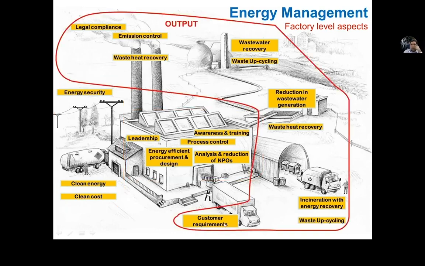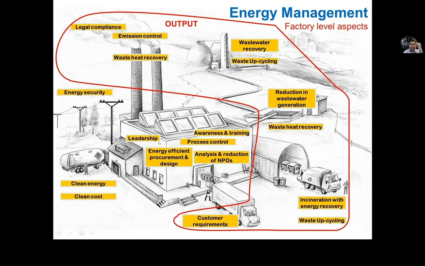Then the output part: fulfilling customer requirements, incineration with energy recovery, waste upcycling. If we have sludge going out, for example, how can we put it into a circular economy and convert it into a usable product? Talking about wastewater, how can we reduce the wastewater generation or recover heat from wastewater? How can this wastewater be upcycled or recycled?